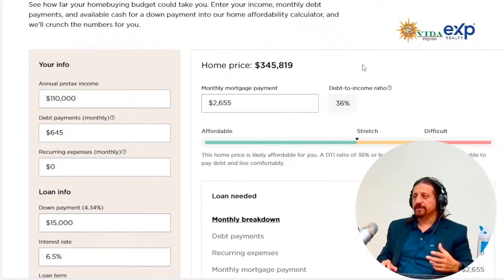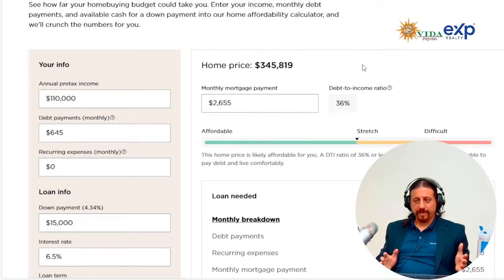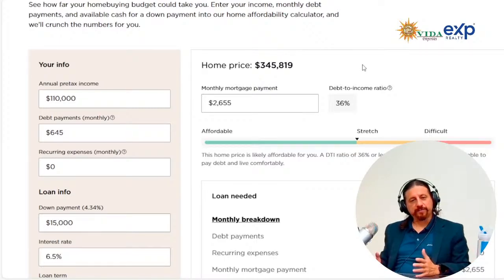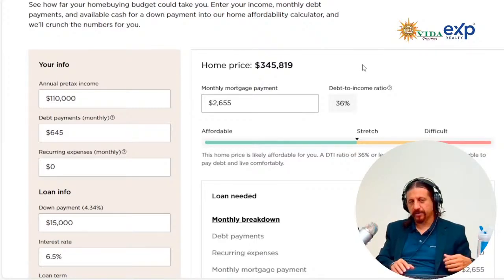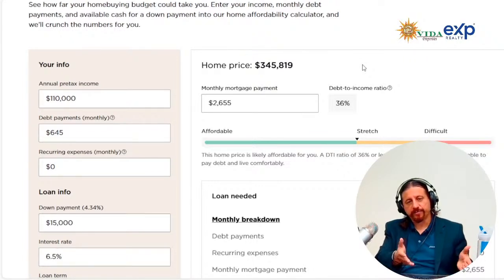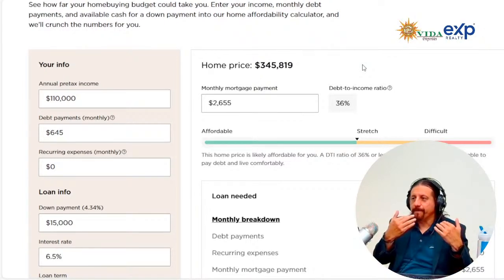So my take on this is that if you save your money, you're not spending on going out much, and you manage your money well, you should be able to put more of that money into your housing payment. That's my logic.